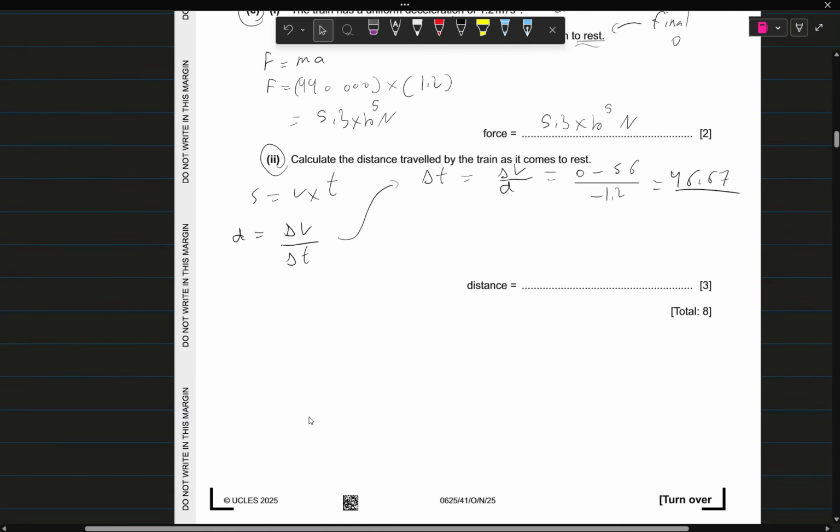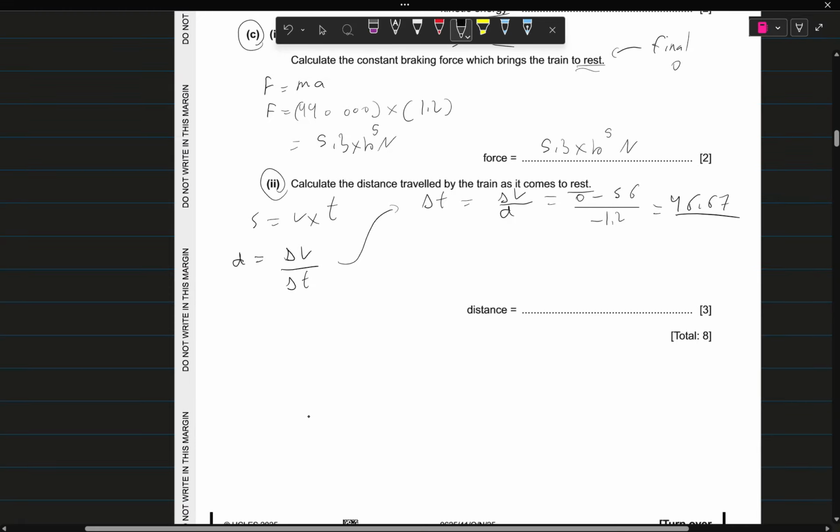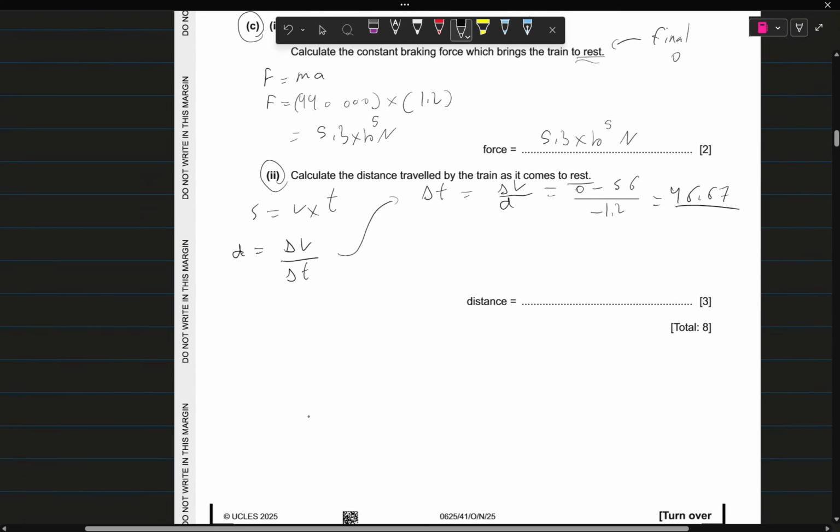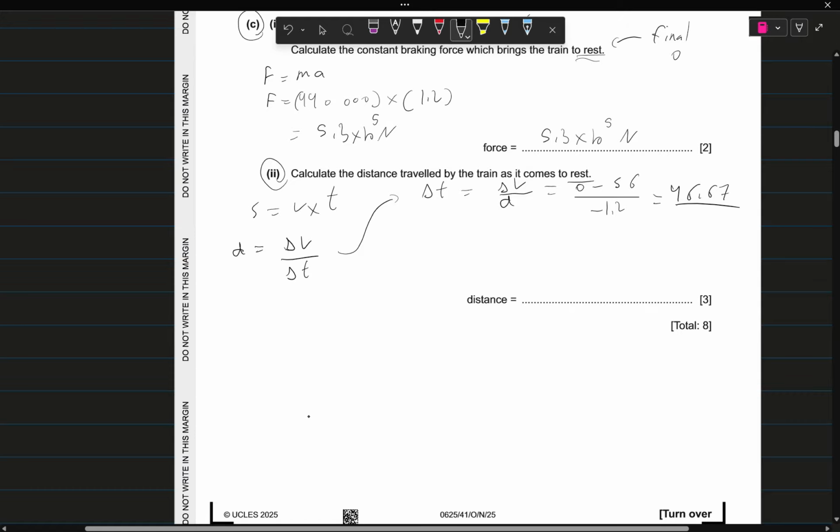So now we can actually find the distance, which is s. But what you need to know, however, is that this v is the average velocity. You need to know here that we have the rest, right? It's at rest, which means that we need to calculate the average velocity. So we have two times.